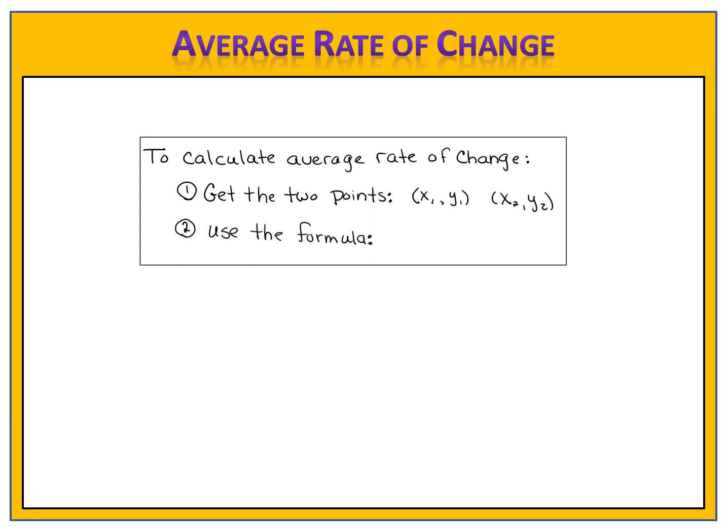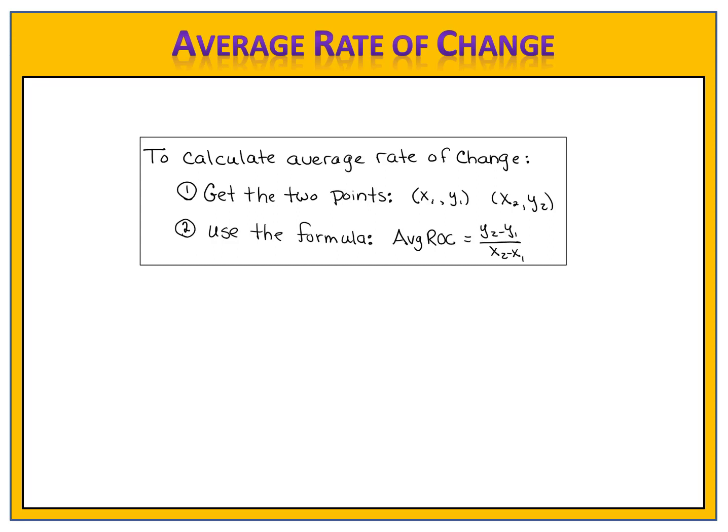Then we use the average rate of change formula. Average rate of change equals y2 minus y1, the outputs, divided by x2 minus x1, the inputs. If that formula looks familiar to you, that's probably because that's the slope formula. Remember, what we're calculating is the slope of the line segment that connects those 2 points.